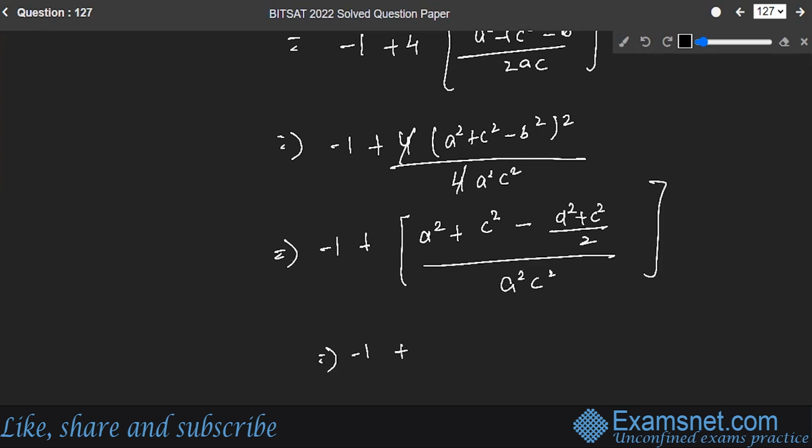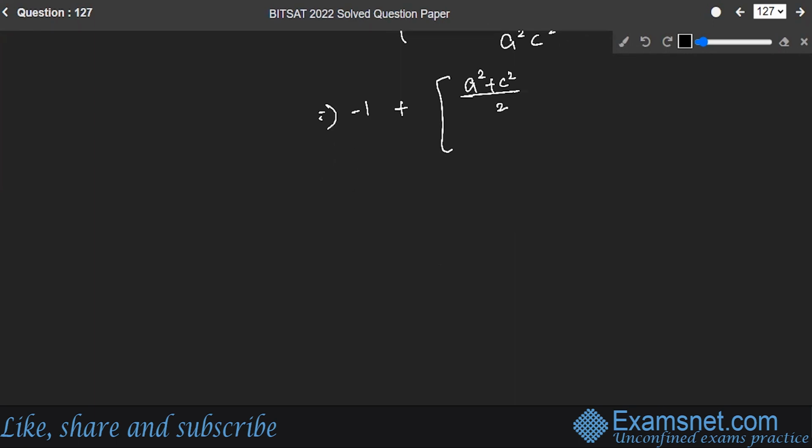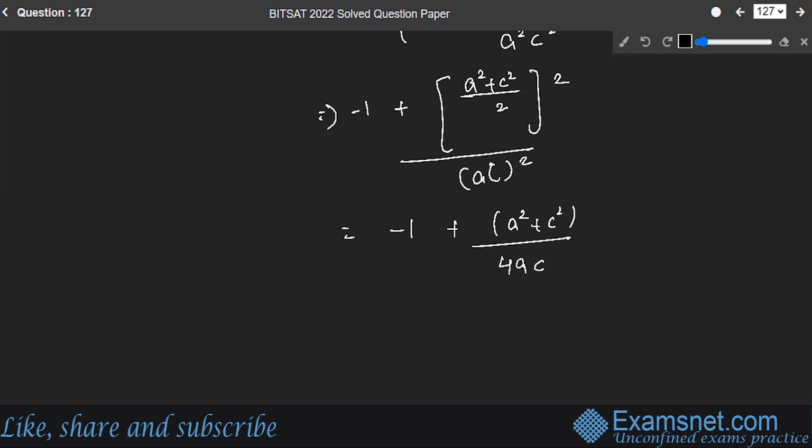So this is minus 1 plus this will be like this and this. So on solving, you will have a square plus c square upon 2. This was square. This is square divided by ac whole square. Minus 1 plus a square plus c square upon 4ac whole square.